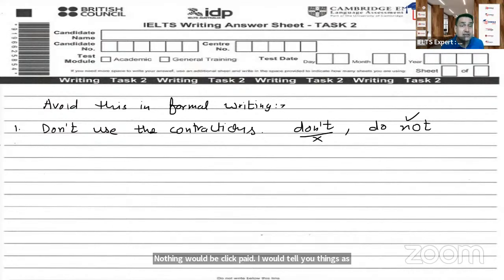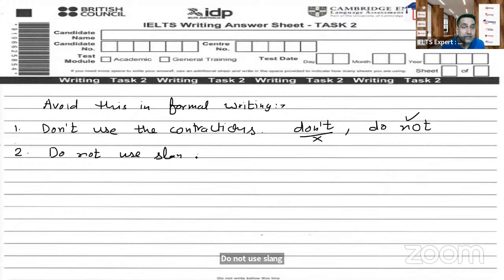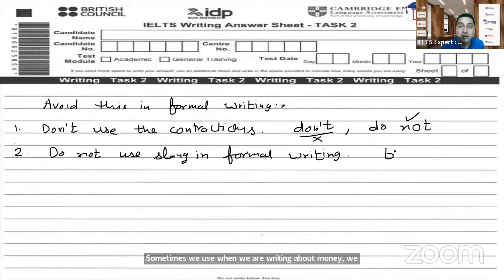Then another aspect that you should be avoiding is that do not use slang in formal writing. Sometimes when we are writing about money, we would write buck, or sometimes I would notice students writing mate as well.